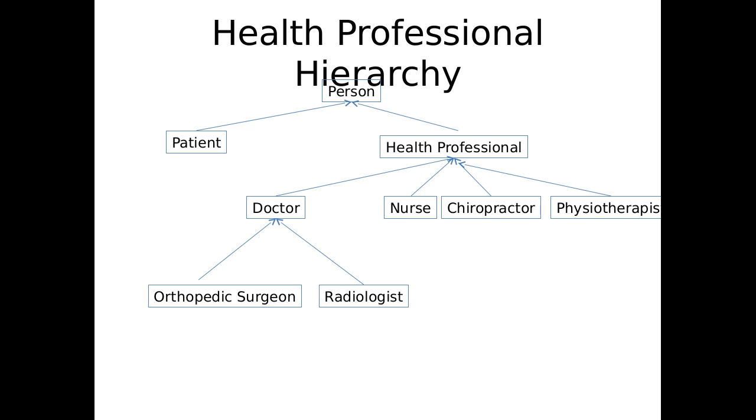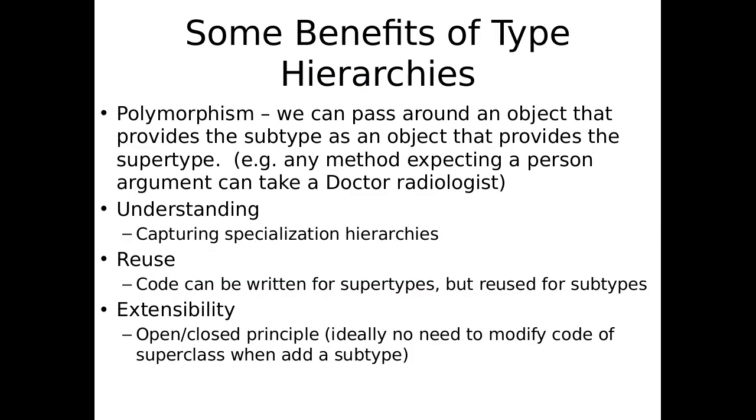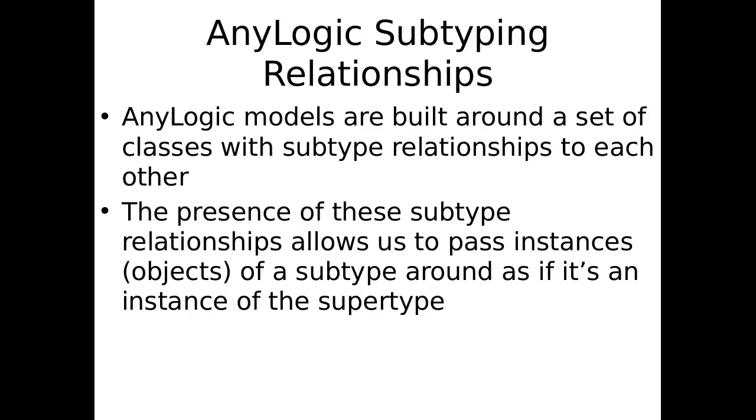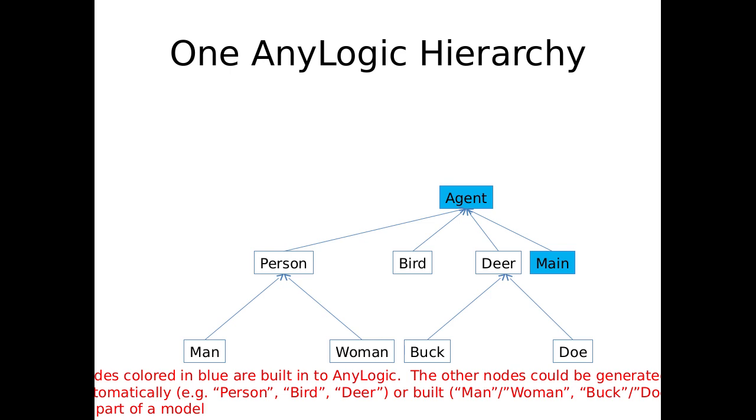And that might be something that could be computed in common for both of them or something along those lines. The point is that we can do things once for a whole set of things. Okay. So in AnyLogic, we might have agent as a superclass, and then we'll have multiple types of agents here.